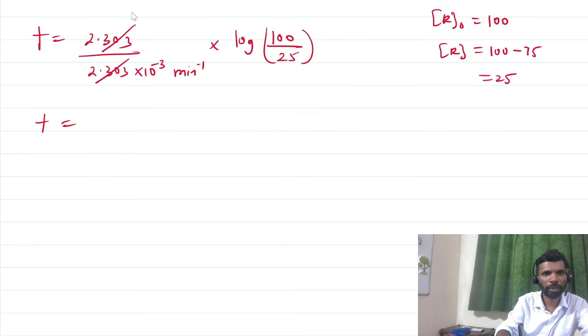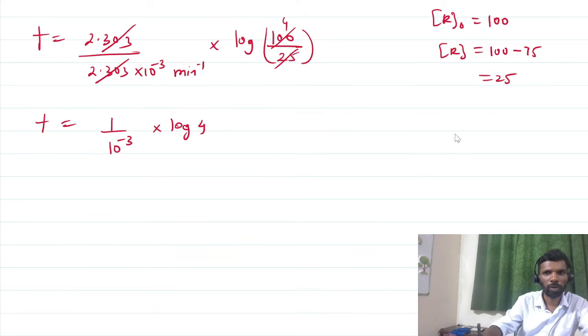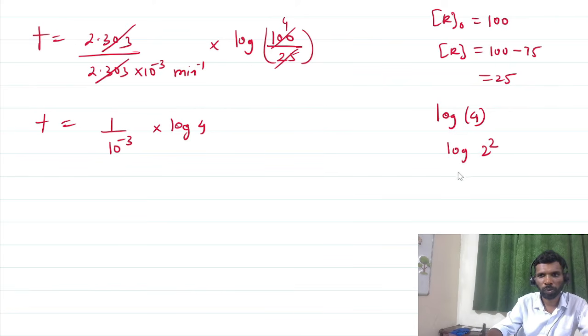I'll just write 1 by 10 raised to minus 3 into log of 25 fours are, so log of 4. Now log of 4 is very easy. Log of 4 could also be written as log of 2 raised to 2. So this is 2 into log 2.